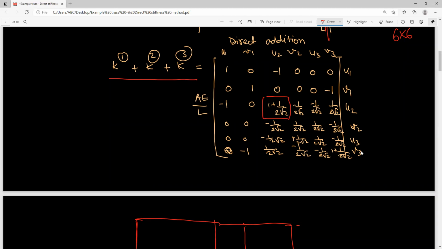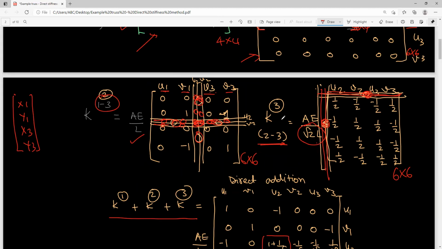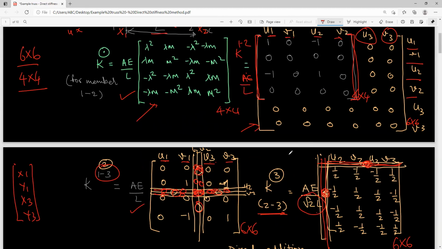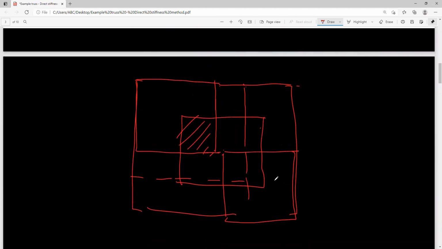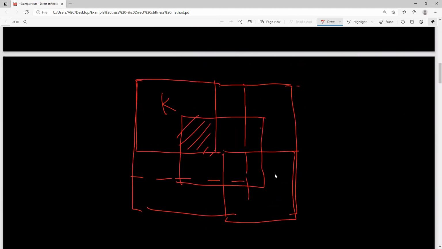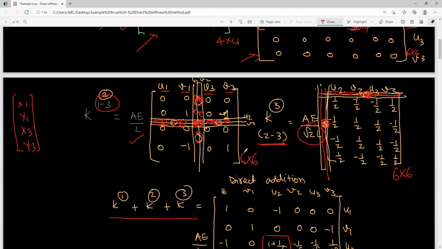You may verify after calculation how many members are available for direct addition in this particular matrix. So this will be your K1, K2, K3, but we have to expand each to the size of 6 by 6. So this is how the K matrix is assembled.